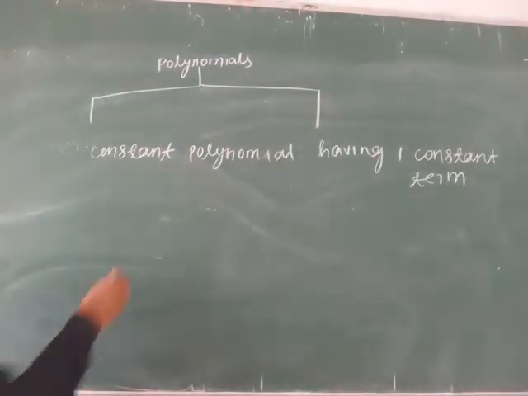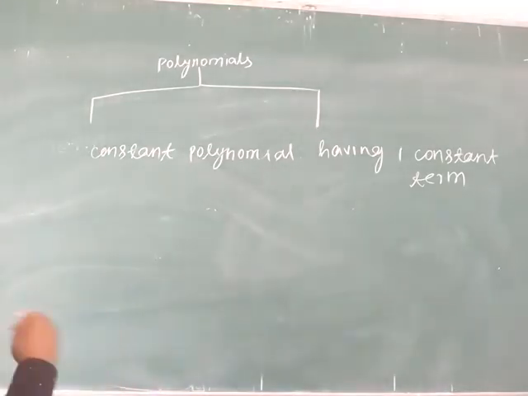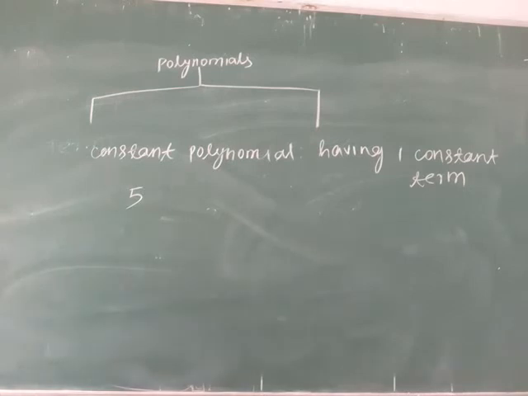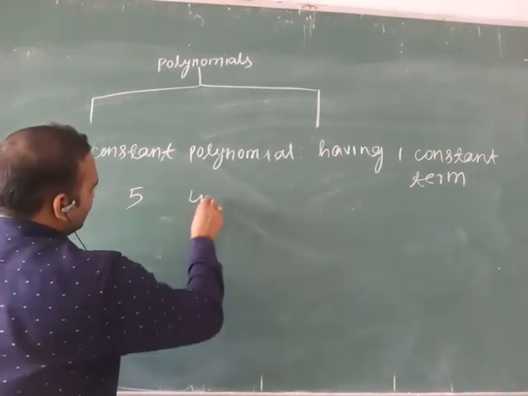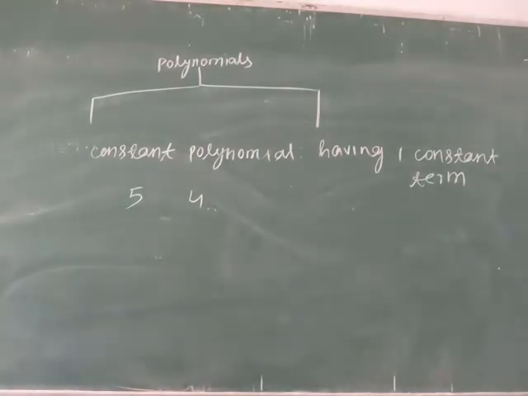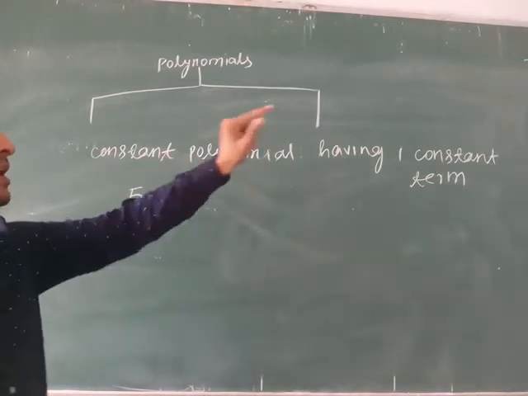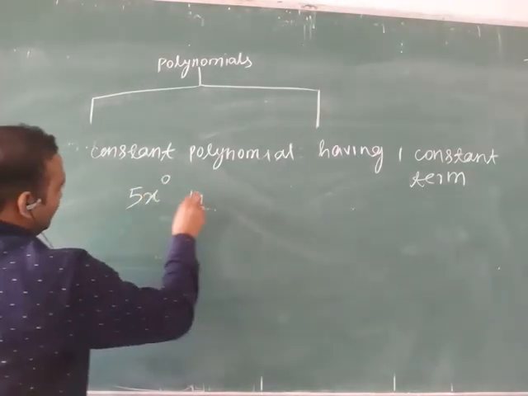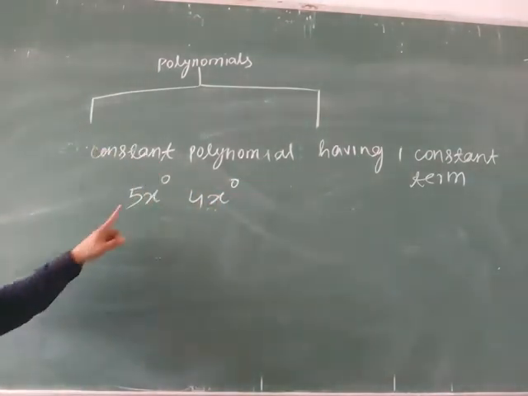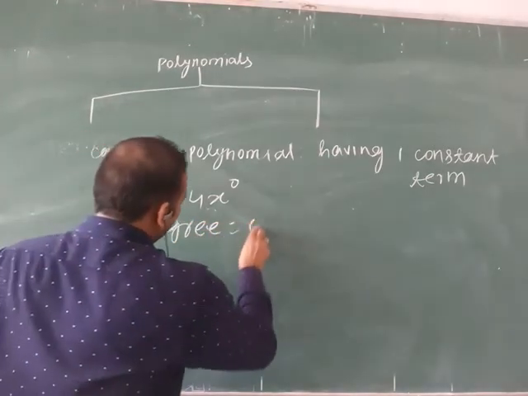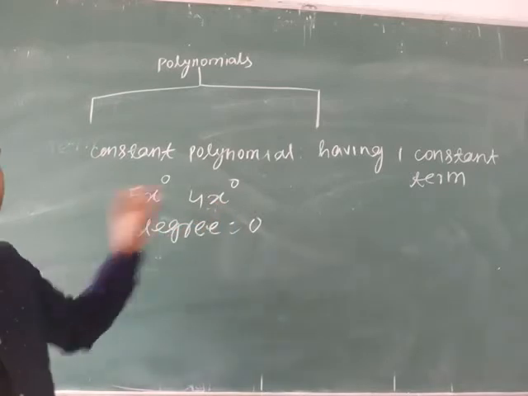That is, we can write 5, 4, and any number having only one constant term. Now what is the degree of a constant polynomial if it is asked? The degree of a constant polynomial is 0, and 0 is a whole number.